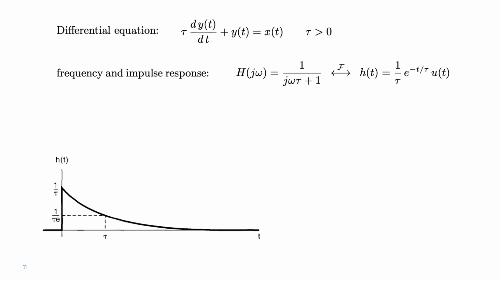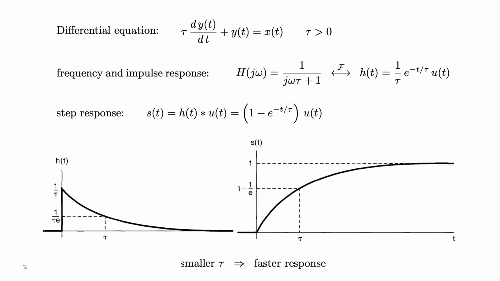And we know that this Fourier transform has a well-known anti-transform, which would be given by h of t equal 1 over tau e to minus t over tau u of t. So it's a right-sided decaying exponential, as you see represented at the bottom left of this slide.